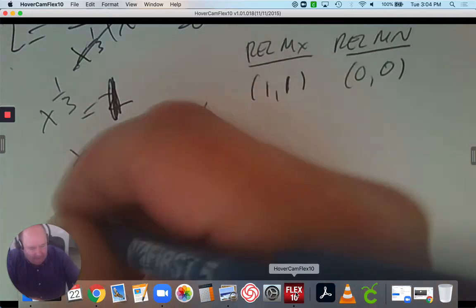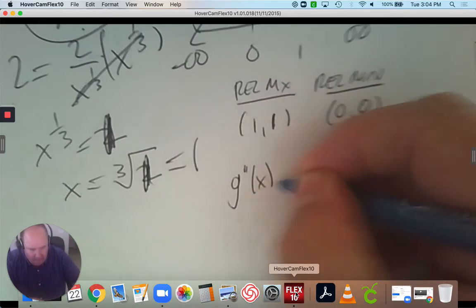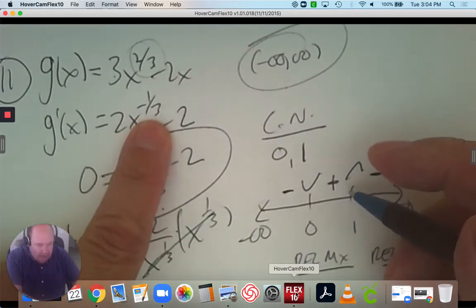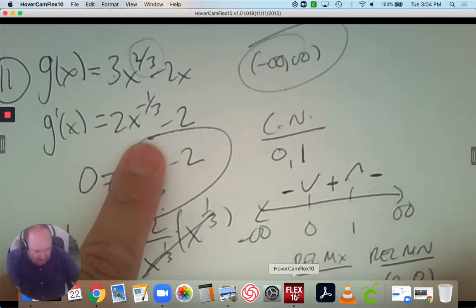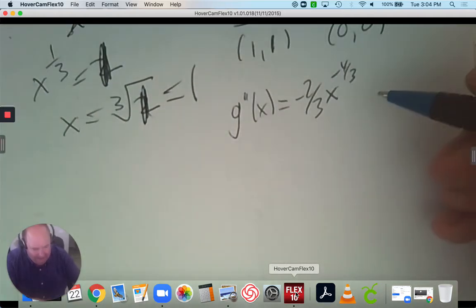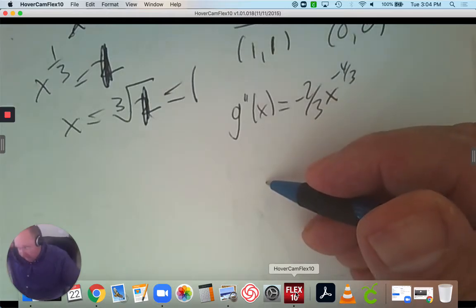Now I need to take the second derivative to find the concavity, the points of inflection. So here's my first derivative. So negative a third times 2 is negative 2/3 x. Subtract. So negative 1 subtract 3 is negative 4/3. And the derivative of negative 2 is 0. Again, a critical number is 0 to look at because it makes it undefined.